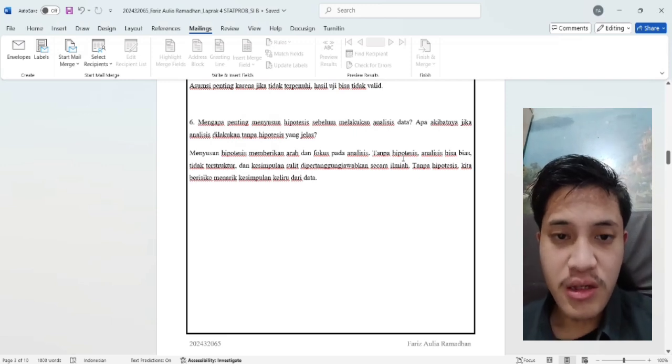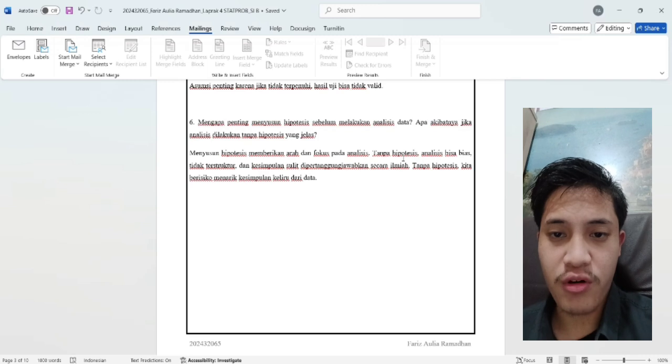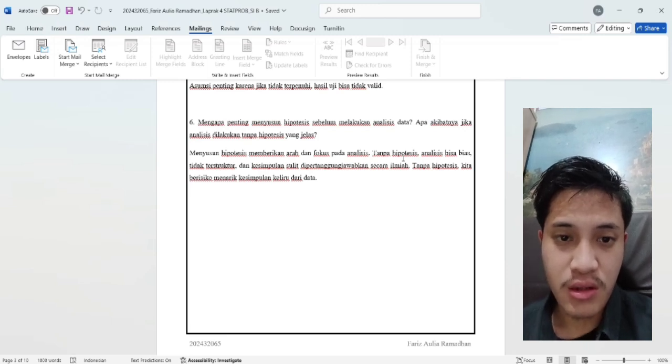Number six. Why is it important to formulate a hypothesis before conducting data analysis? What are the consequences of analyzing data without a clear hypothesis? Formulating a hypothesis provides direction and focus for the analysis.